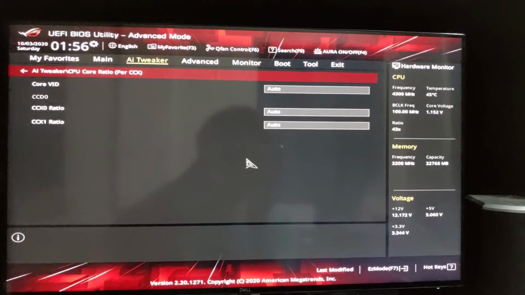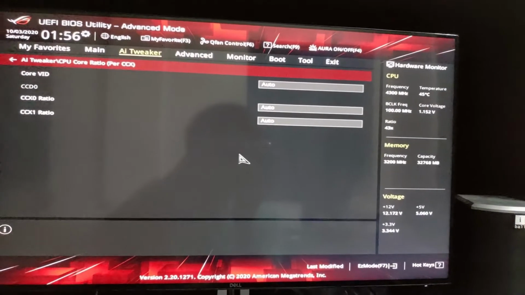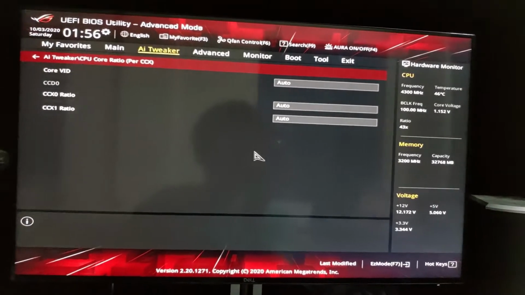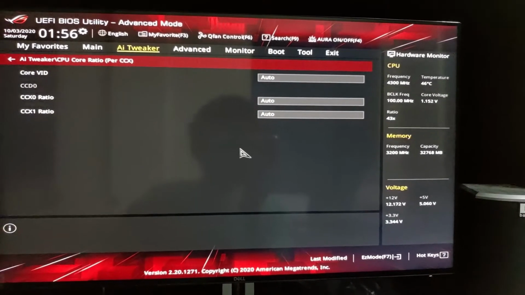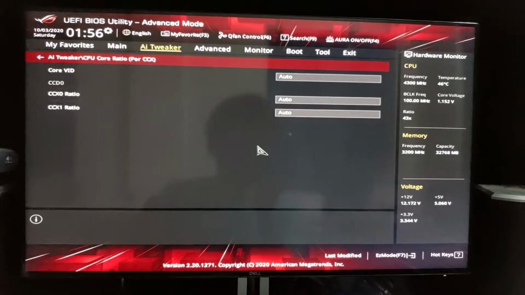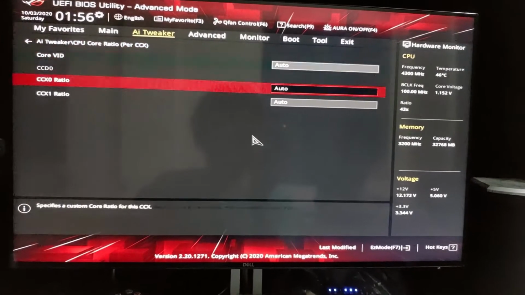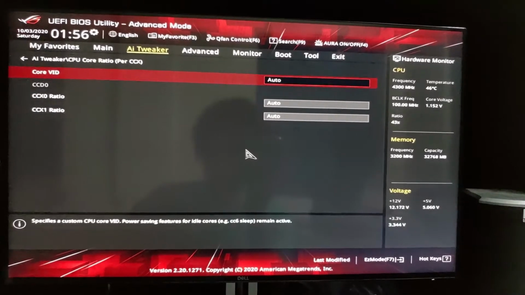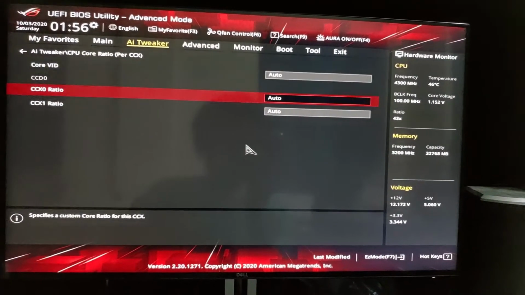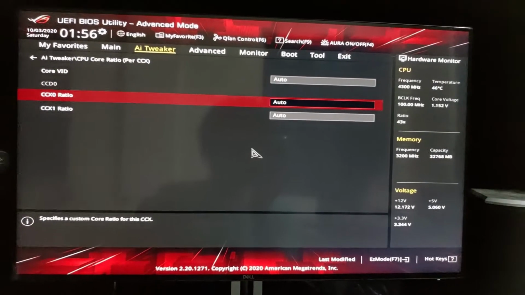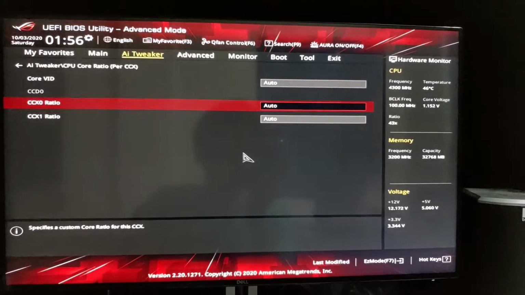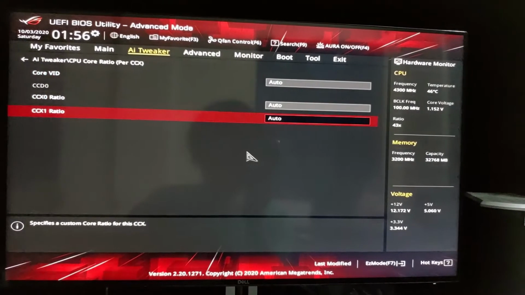So this is the CPU core ratio for individual CCX units of your CPU. You can check this information in other places regarding the AMD Ryzen architecture and how the cores are handled. In case of a Ryzen 5 3600, there are 2 CCX units in the CPU, each of which handles 3 cores or 6 threads, since this is a 6-core 12-thread CPU.